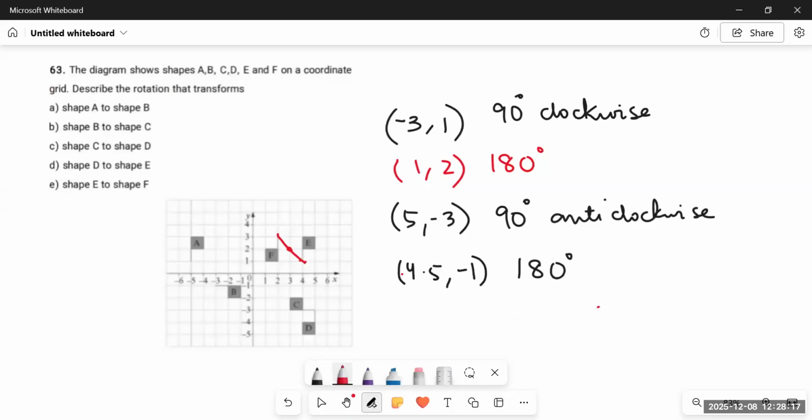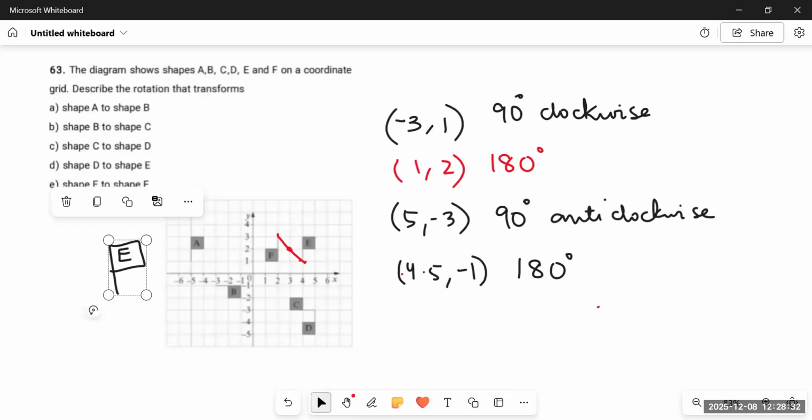And the rotation from E to F, this is E, when we rotate it, this is a 90-degree anti-clockwise rotation. Sorry, clockwise rotation. And then, no, sorry, anti-clockwise. And this is an anti-clockwise 180-degree rotation, right? So that's how F would look like.